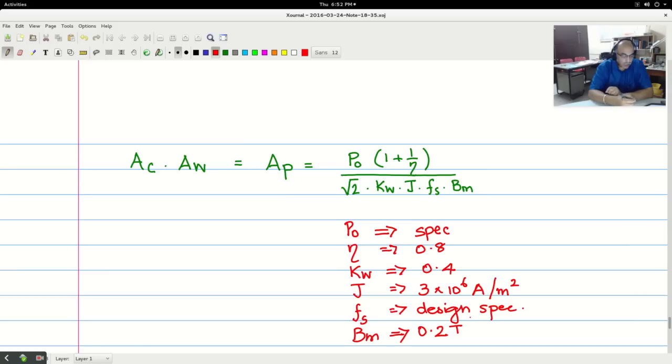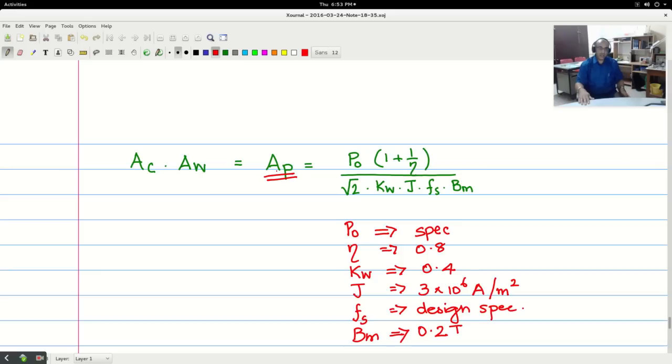So in this way you can find out the area product. Once you plug in the values for a particular application and find the area product, go into the data sheet and pick the core which has an area product greater than what is calculated. That will give you the size of the core.